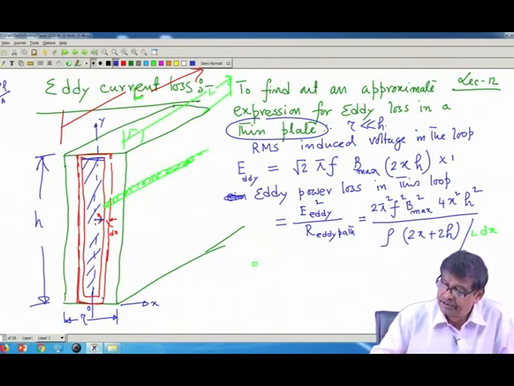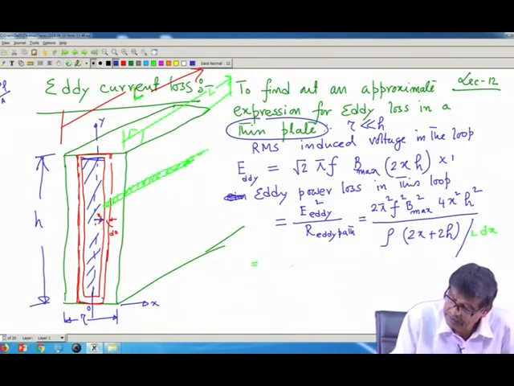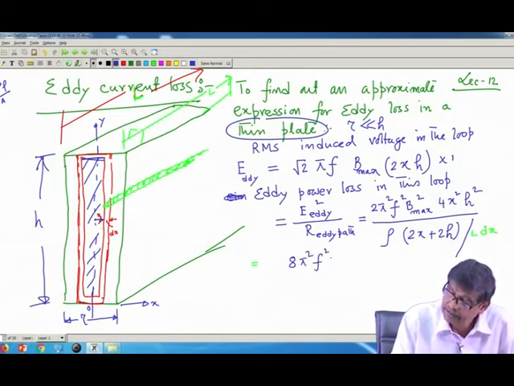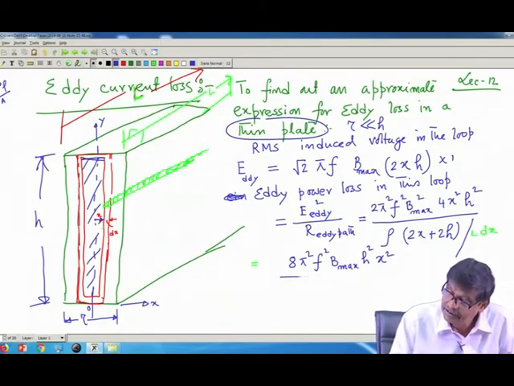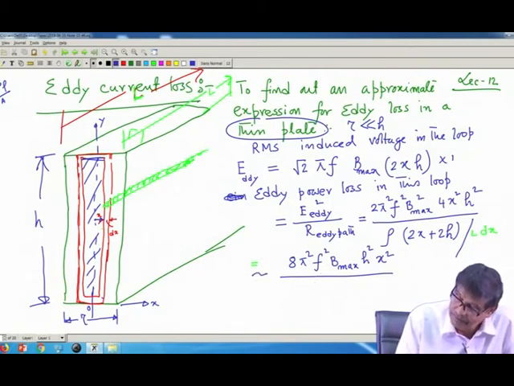The first assumption is this one. It becomes 8 pi square f square b max square h square x square, divided by this one, which is approximately equal to this 2x.